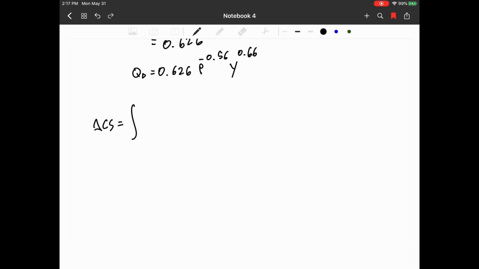So we're going to walk through this example, and we're going to look at what happens to the change in consumer surplus with this tax. We're going to use a $1 tax. So before, the price was $3.50. Now the price goes up by $1.